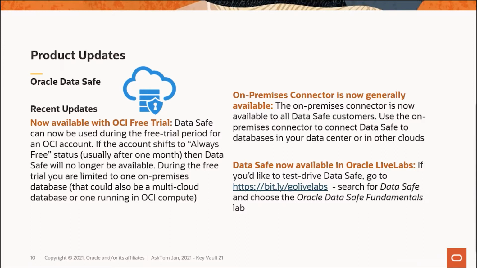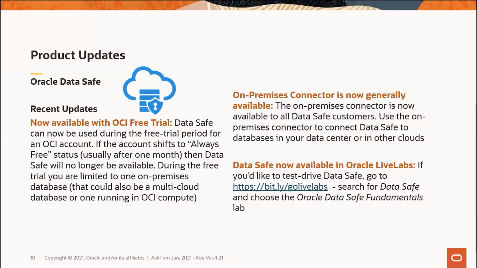The on-premises connector, which we've talked about for a while here at the office hours, is no longer in limited availability. That is now generally available. So if you have been wanting to try it out and didn't want to go through the trouble of getting into the limited availability program, you can do that now. There's nothing else you need to do. It'll just show up there on your user interface. And a really, really nice thing is we now have DataSafe available in Oracle Live Labs.